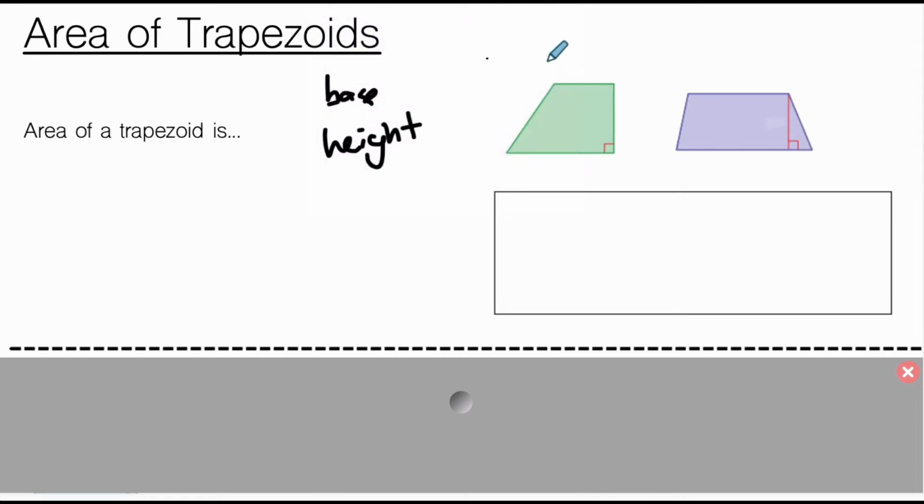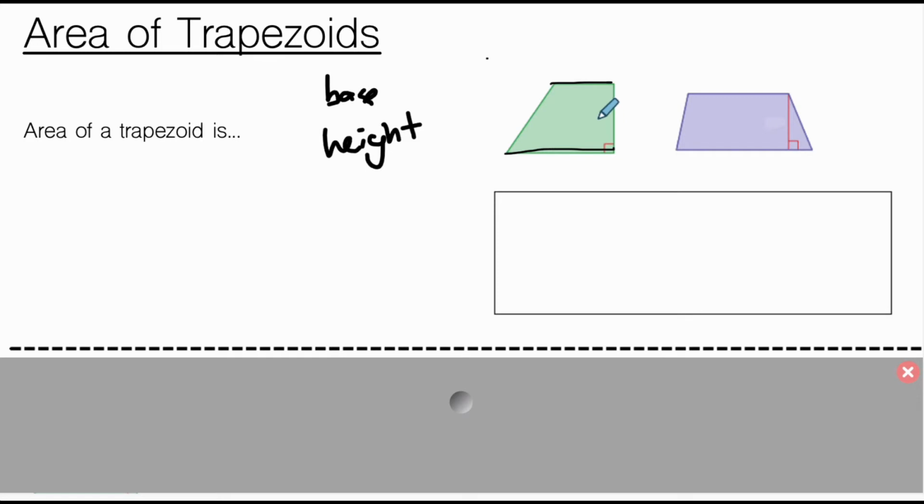So in a trapezoid, there is not one, but two bases. Two bases. And the bases are always going to be the two sides that are parallel to one another. So in the green figure, that would be this side at the top and this side at the bottom.